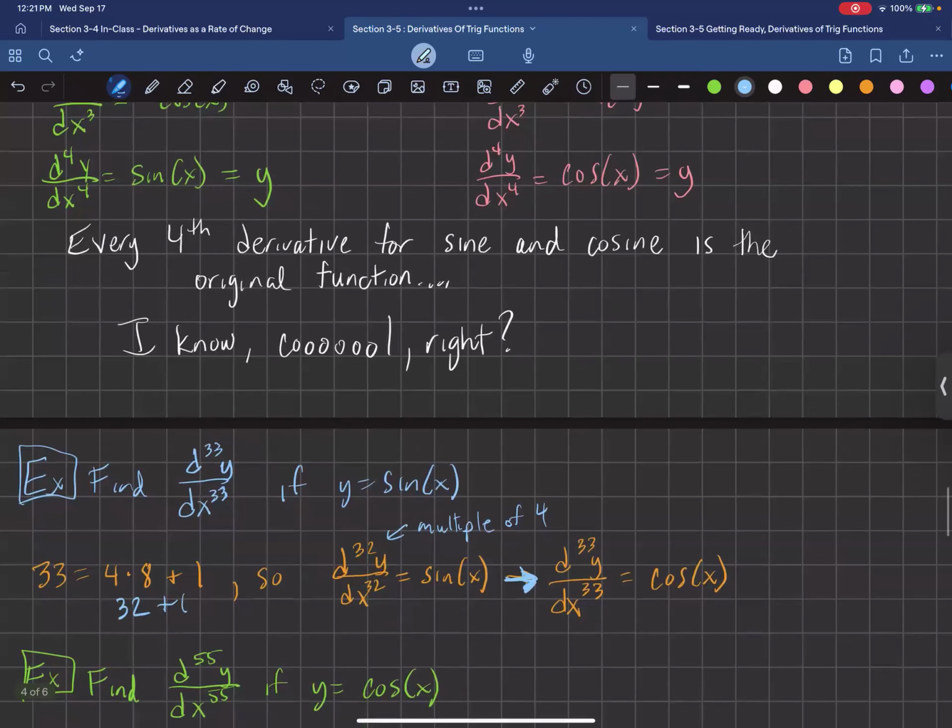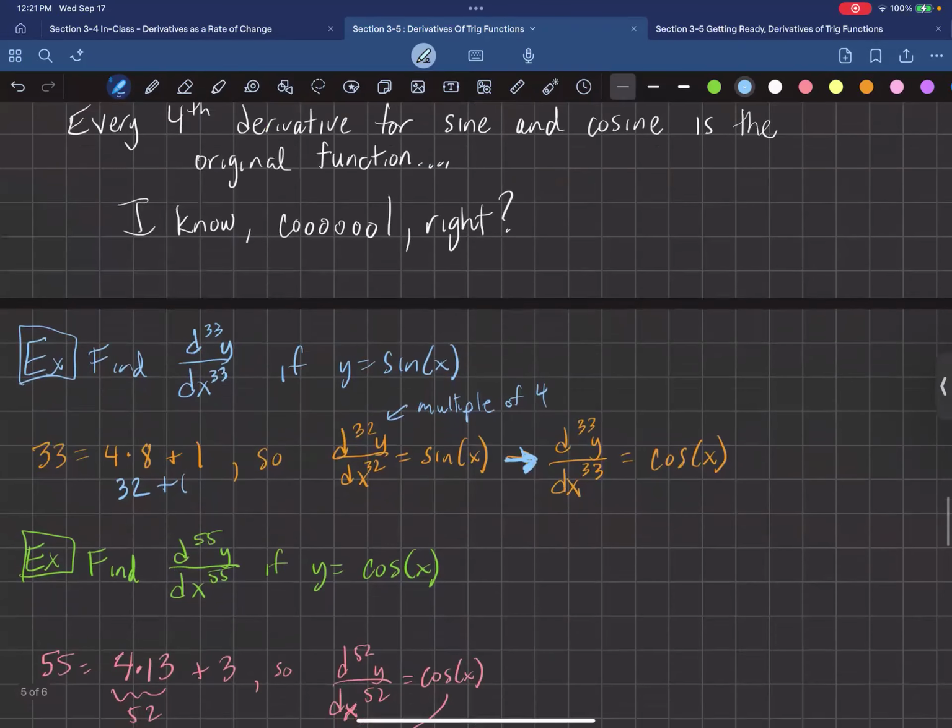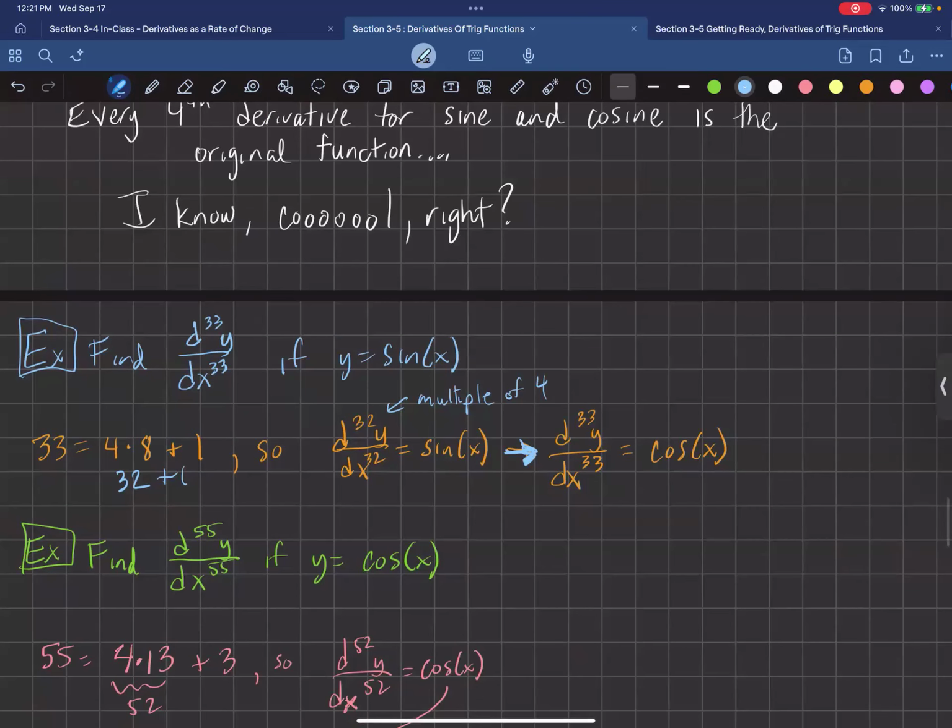Okay. Here's one for you to try. Find the 55th derivative of cosine x. All right, I will assume you did that. Give it a try. 4 goes into 55 13 times. 4 times 13 is 52, and so I need 3 more.